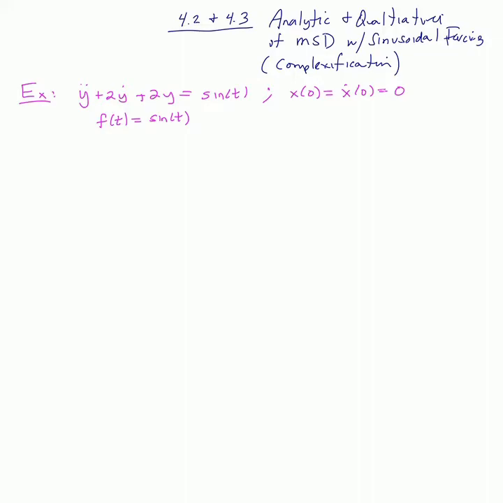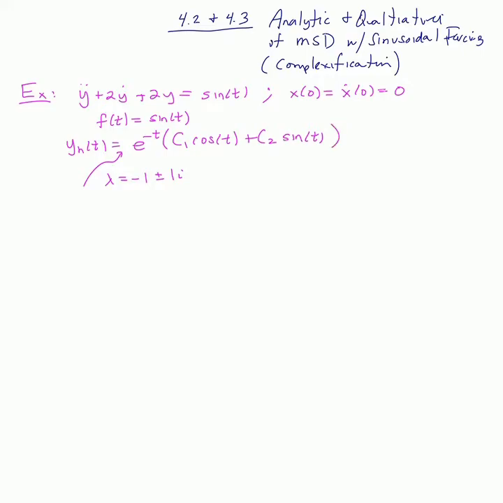We've looked at this problem and solved it by using the homogeneous solution, which comes from the eigenvalues. The eigenvalues come out to be -1 plus or minus i. So the homogeneous solution is e to the negative t times c1 cosine of t plus c2 sine of t.